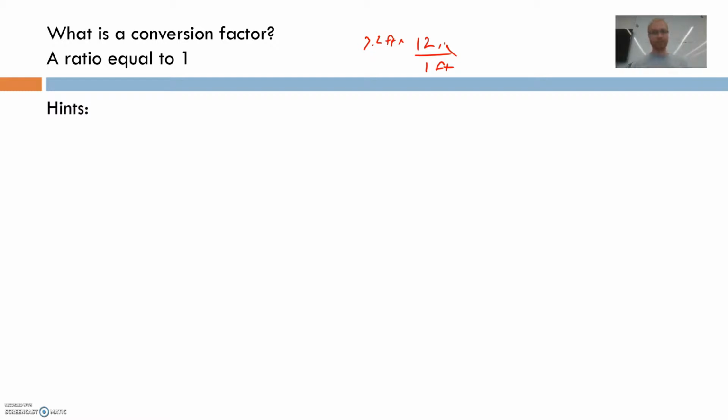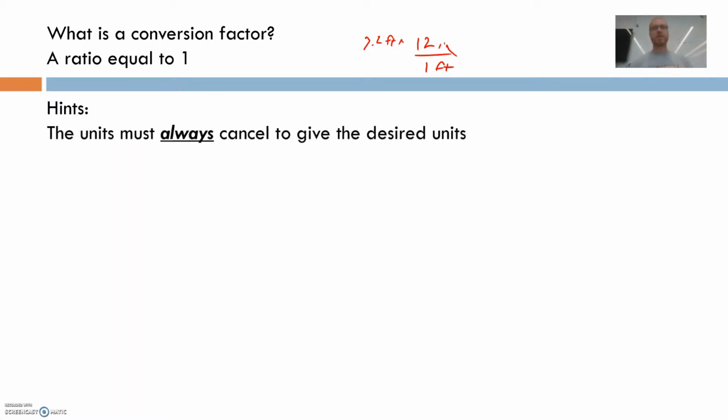In order to do this, it's all about the units. The units must always cancel to give you the desired units that you want. Sometimes it takes more than one step to do that, but the units must always cancel.